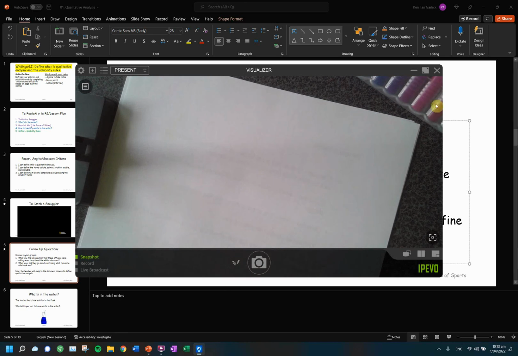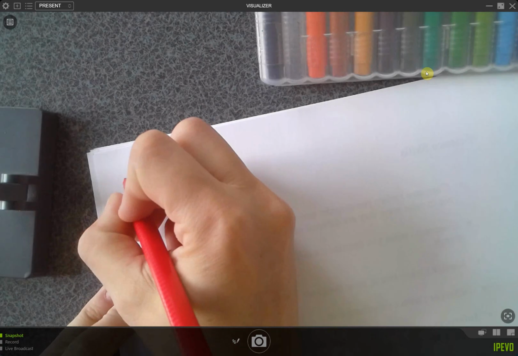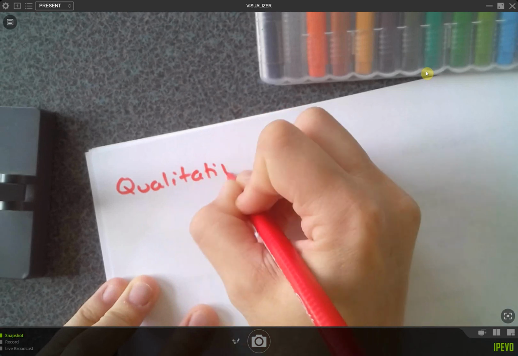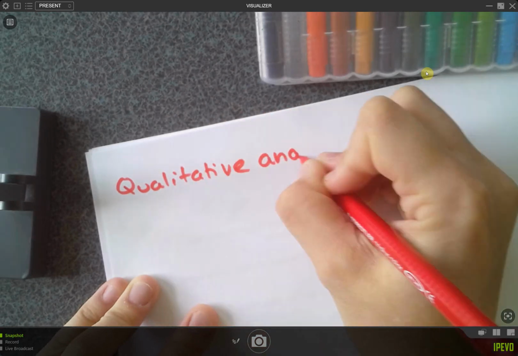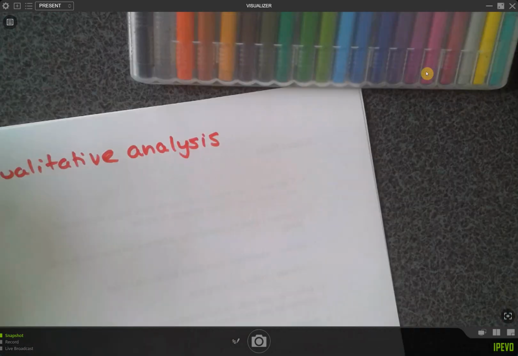All right. So here's our first note that we are thinking about for our internal, and that's the word: what does qualitative mean? So qualitative analysis, does anyone want to take a stab at what that might be?